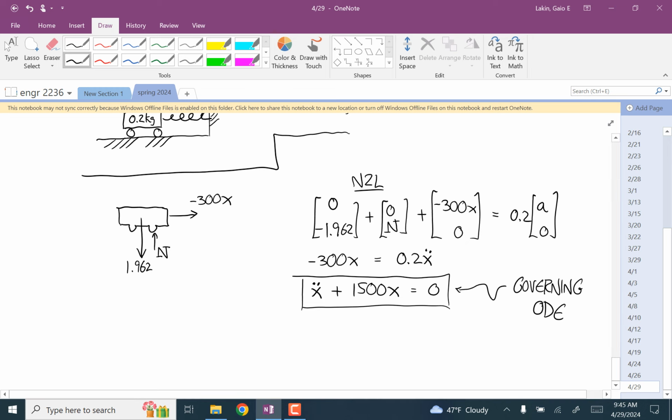So after you have that governing ordinary differential equation, what's the next step? Now we're going to assume the form of that x.